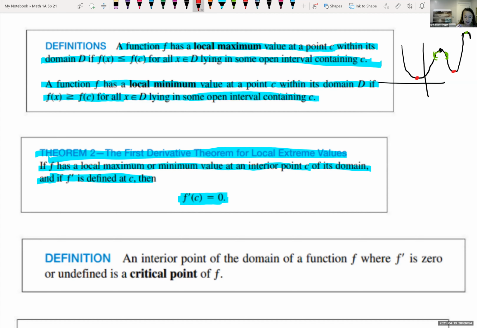Again, if we think about the derivative as the rate of change, we knew that when the derivative was 0, we had a horizontal tangent line, and we saw that we had either local max, usually, or local mins there.